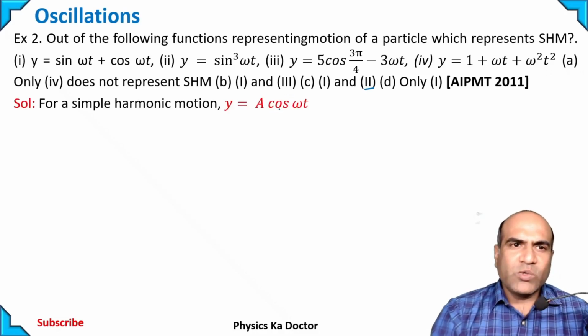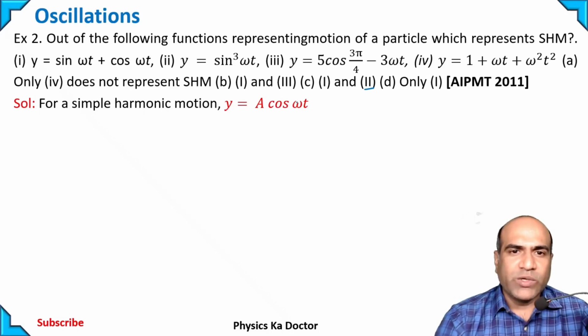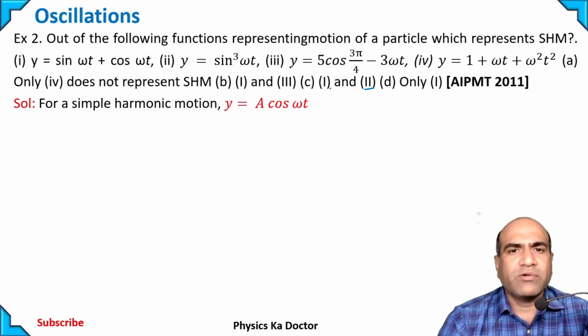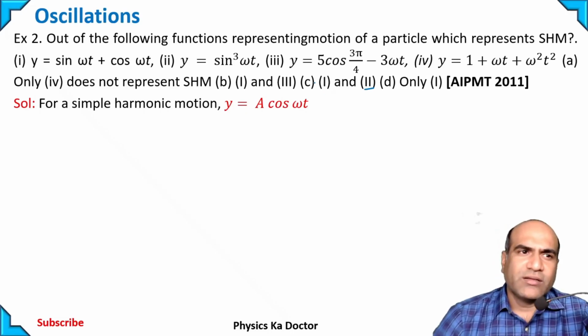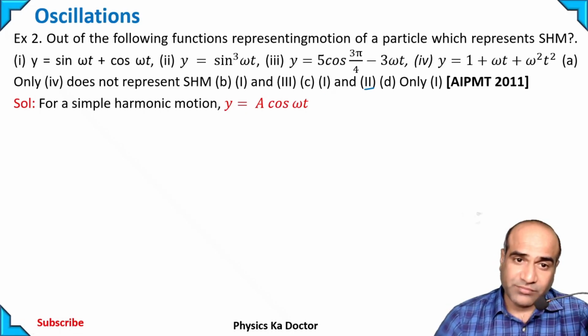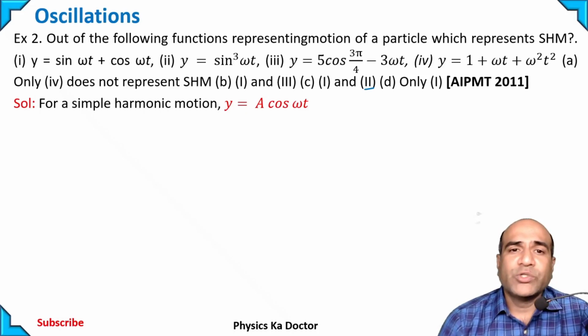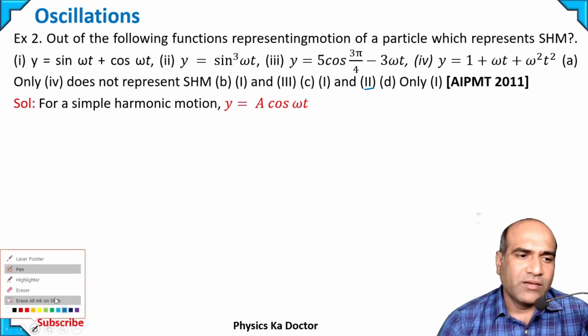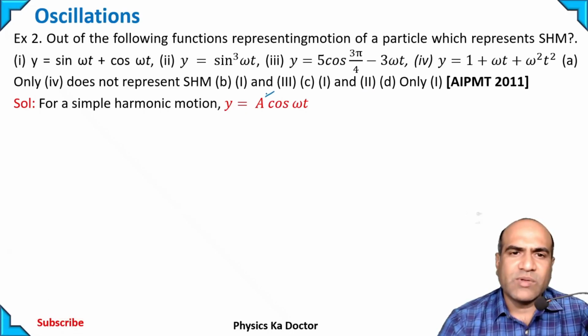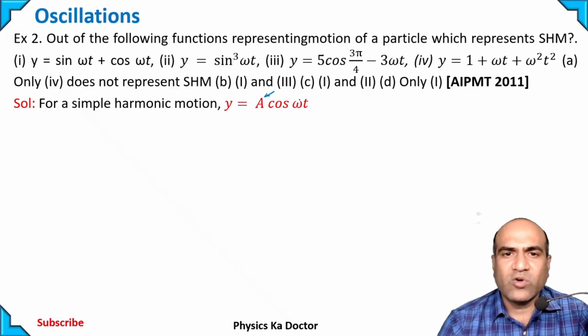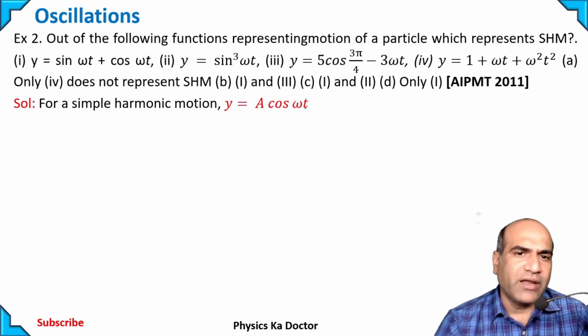See, we need to just compare. Either you take y equal to a cos omega t or y equal to a sin omega t. You can take any of these two equations. Our equation should match with this, right? So a can have different values, a is ultimately constant, omega can have any value, and t is a fixed one time. So this kind of equation should be there.